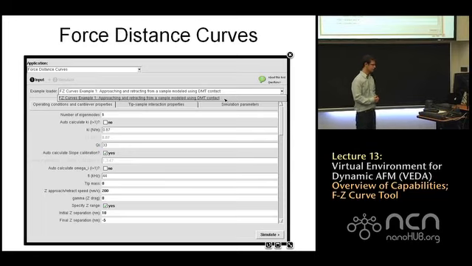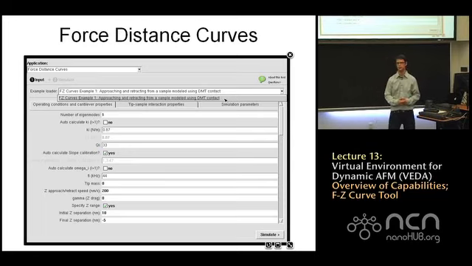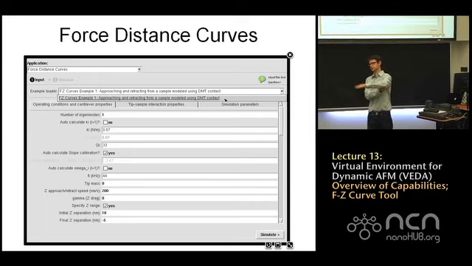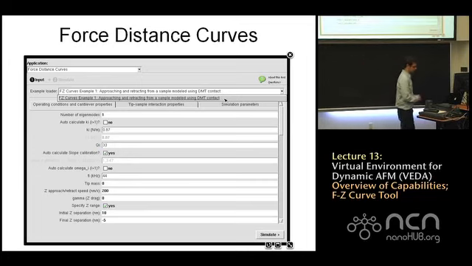Those become more important in dynamic AFM, but we're actually simulating the full cantilever motion. So when we do the simulation, the cantilever is going to be able to vibrate depending on what inputs we give it and how harshly it hits the sample and so forth. So it's not just a spring at this point.